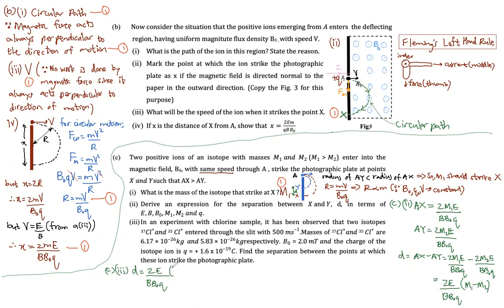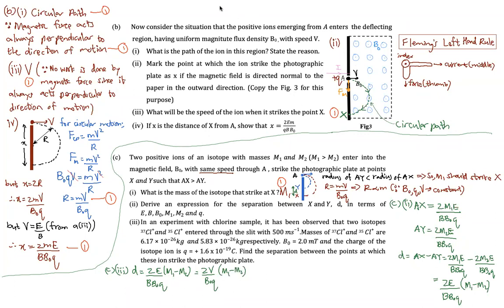But there is a problem here. Someone is missing. They have not given us two quantities. What are they? They have not given us E and B. But instead of E over B, we know we can put what? 2V over B naught Q into M1 minus M2.